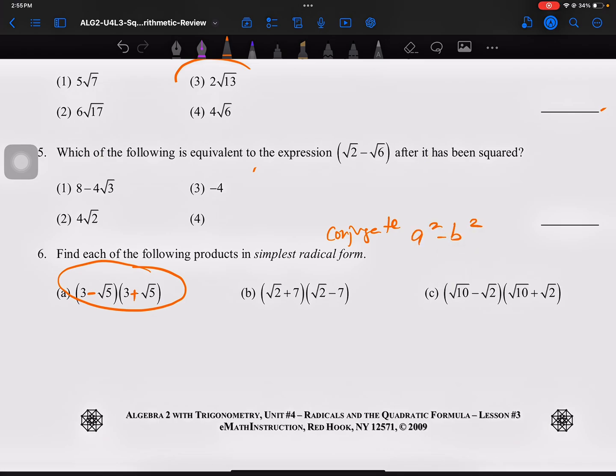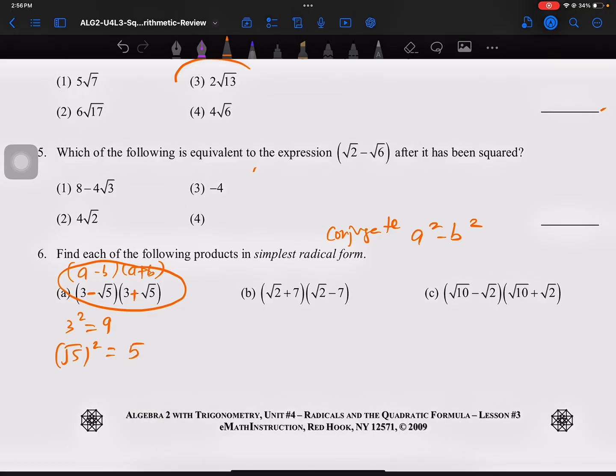How to get a squared? This is a minus b, a plus b. So a squared, meaning 3 squared, is 9. Next, square root of 5 squared is 5.